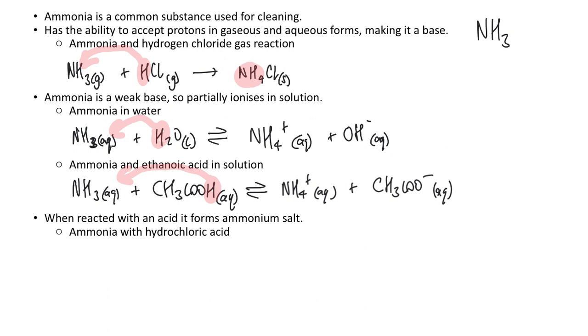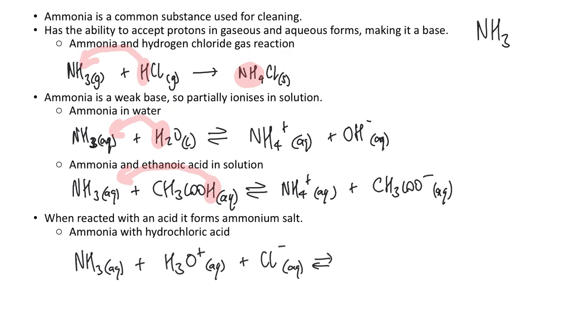So this is ammonia with hydrochloric acid. Notice that this is slightly different to the first one, because that was gaseous and this is in solution. So this is NH3 aq plus, because it's hydrochloric acid, H3O plus. In theory, you know that there are Cl minus ions floating around. Double arrow it.